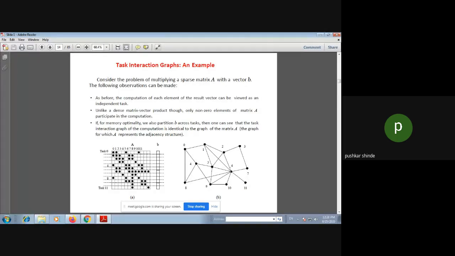This is the communication that happens between the tasks for executing the sparse matrix vector multiplication problem. So the tasks are communicating the values of the vector B between them. That is shown by the edges in the task interaction graph.